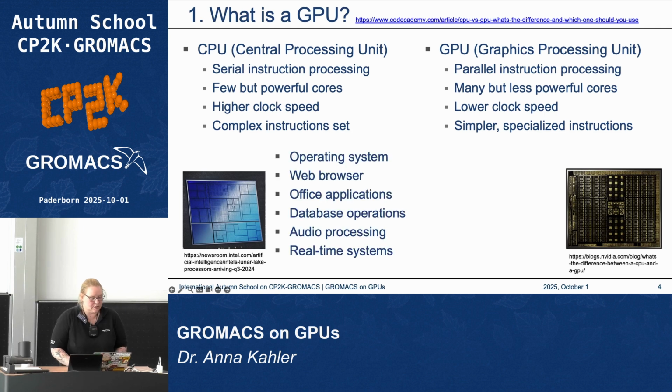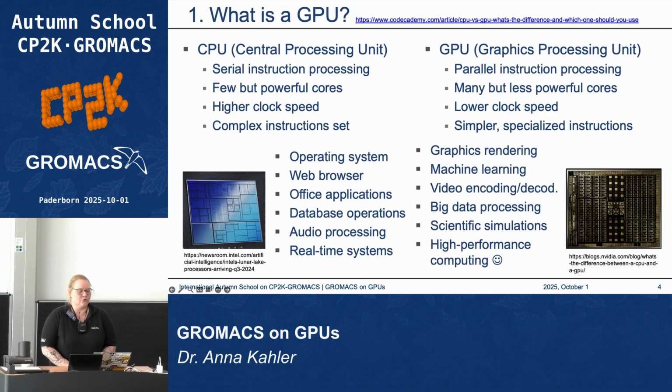In general, we use a CPU for the operating system. Nearly everything we do on a laptop, on a normal computer, on a mobile phone, that's all CPUs. And a GPU we use for graphics rendering or machine learning.